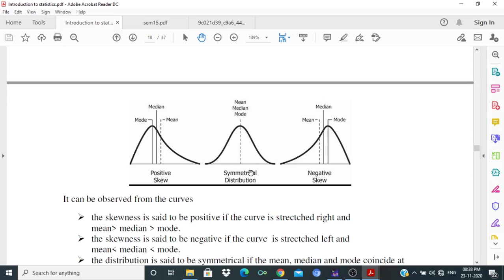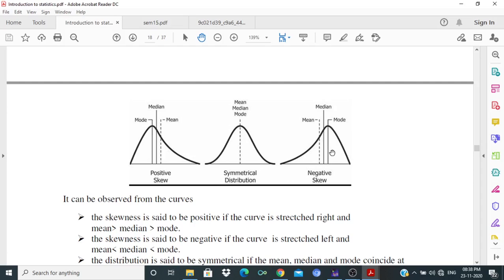This is a symmetrical curve. Whereas in group 3, the mode is here, in the beginning, the median is in the middle, and the mean is here. Here mode is less than mean. If mode is less than mean, that type of frequency distribution is called a positively skewed frequency distribution. Mean, median, mode coincide, symmetrical distribution, zero skewness.